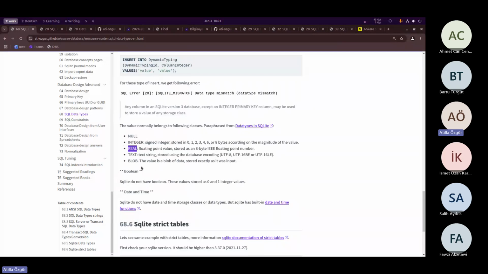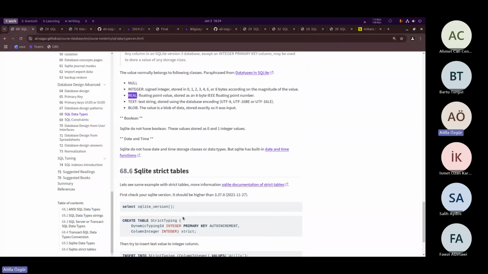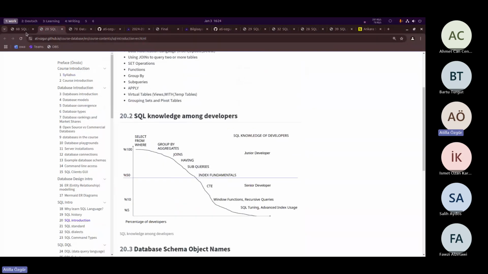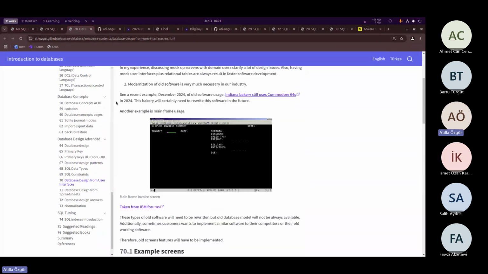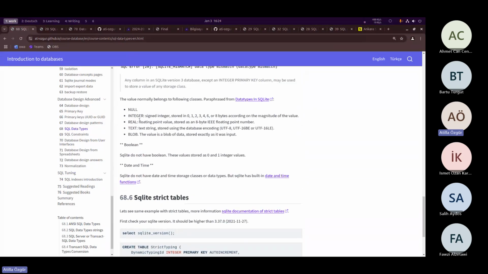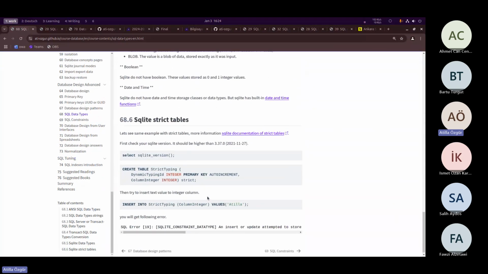But putting money in real is not a good idea. And therefore, in this database design, I will expect you to choose null, integer, real, text, and blob values accordingly, and put some notes on why you have chosen these values.